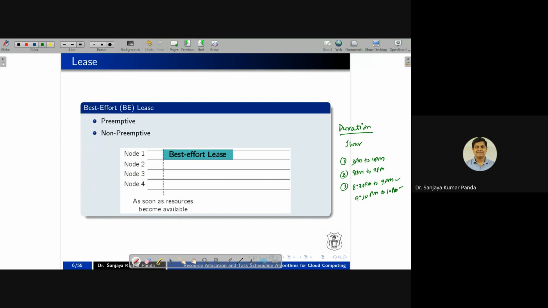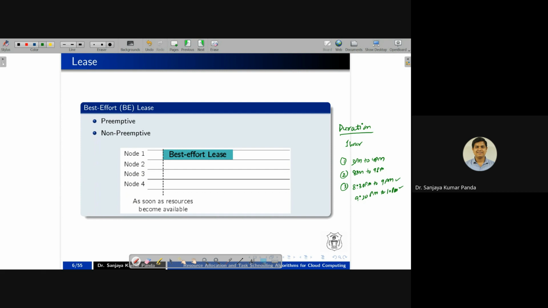That's why it says that as soon as the resource becomes available, it is going to be provided to you. If the resource is not available, your request is simply put in a queue. You have to wait until the next resource becomes available. If the resource is not available for an indefinite period of time, then you are not going to get the resource for that indefinite period.